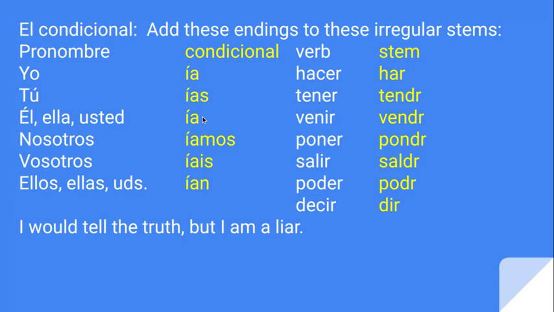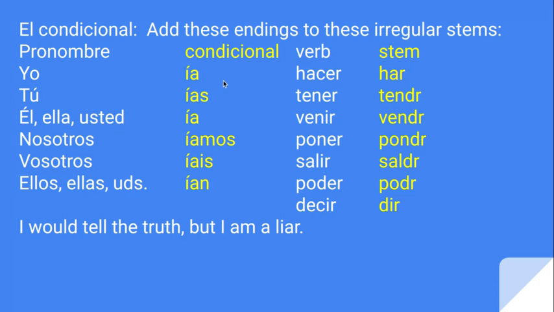Tendrías, you would have. Tendría, he or she would have. Tendríamos, we would have. Tendríais, you guys would have. And tendrían, they would have, or you all would have. Okay? And all of these verbs work like that. These are the stems. Instead of adding the endings ía, ías, ía, íamos, íais, ían to the infinitive, you add the endings to the irregular stem.